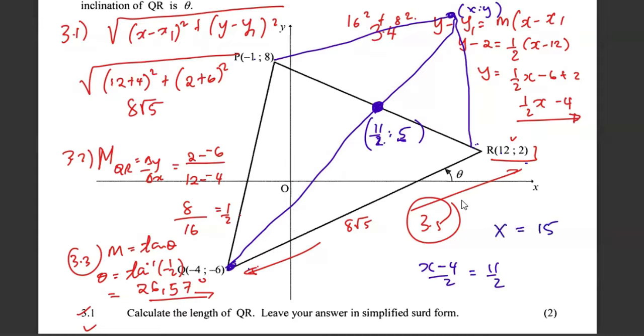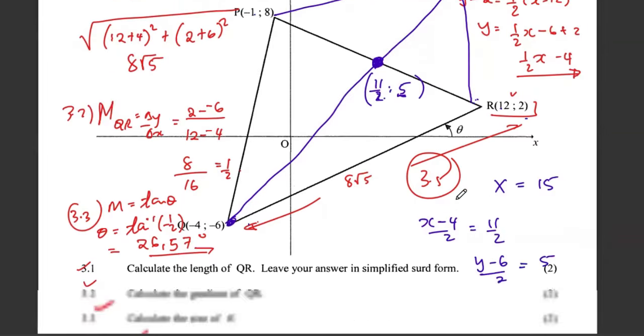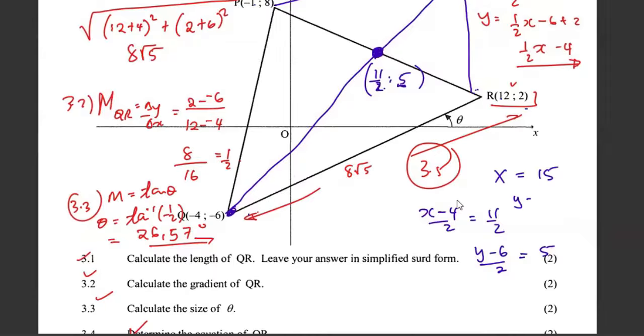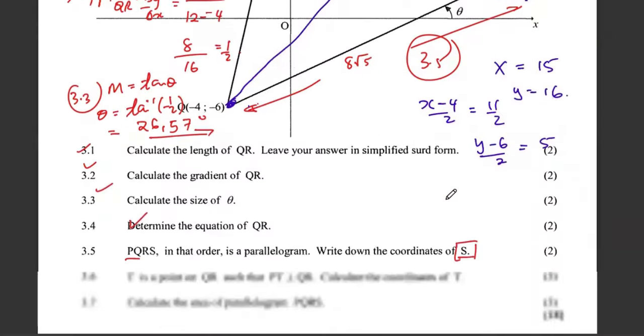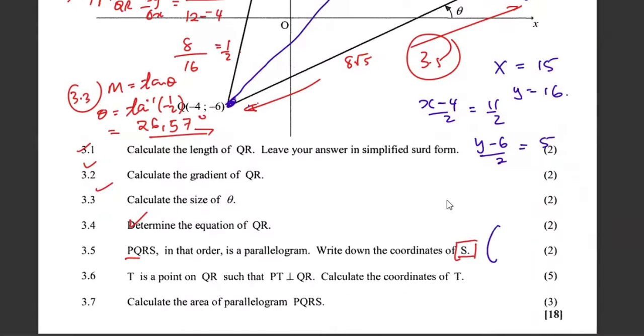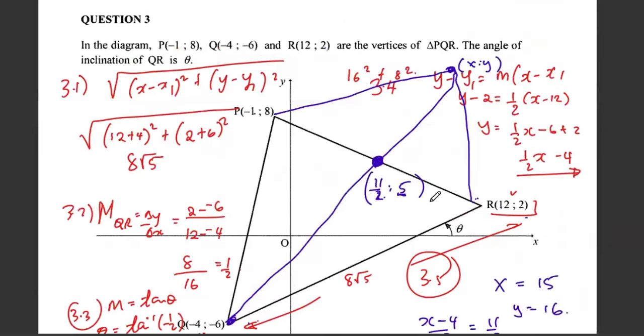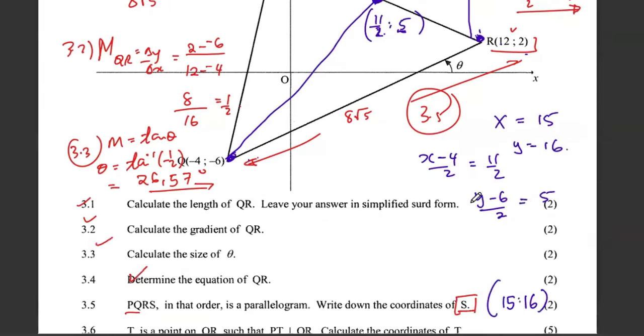And then I do the same with the Y, that Y minus 6 over 2 should give me a 5, and then Y becomes a 16. Meaning that our S is going to be 15 and 16. Like I said, there are people that are good at getting those points even without the calculations. So that's how I would have obtained my values. So 15 and 16.